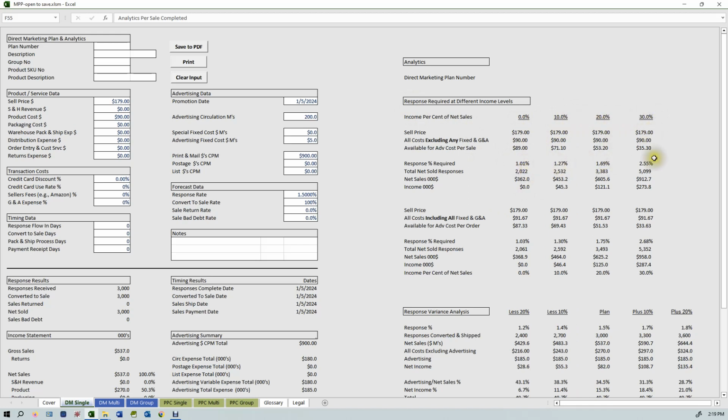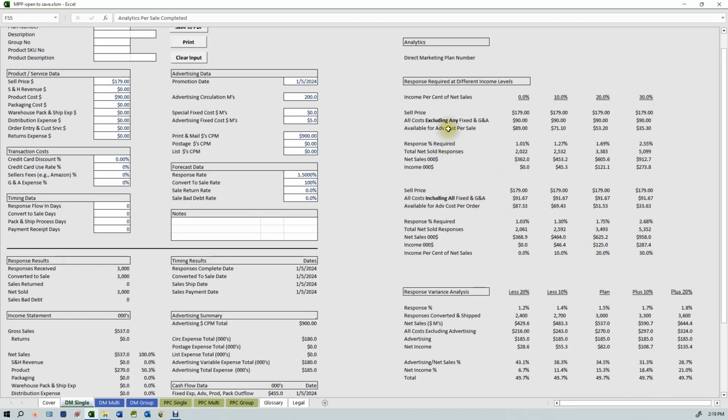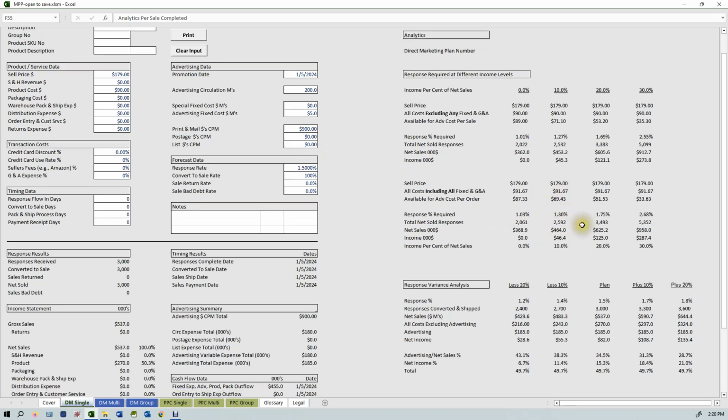And of course, the response rate goes up accordingly, and it tells you how many orders will come in, and the rate, and the net sales, and the income in two different sections, excluding any fixed costs and including fixed costs in G&A. So the $5,000 actually shows up here because the response rates are higher here.